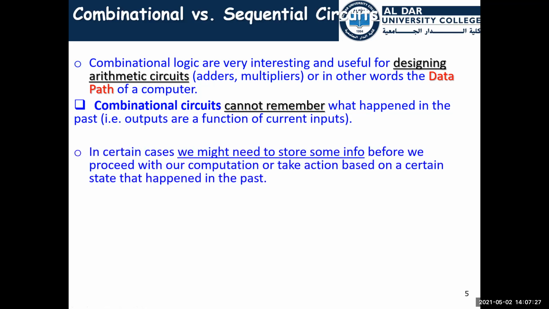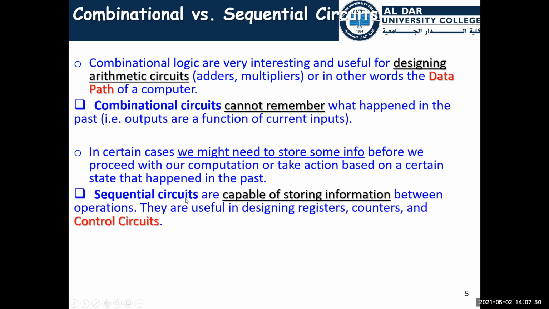So as I told you, we have combinational circuits, we have sequential circuits. We use the combinational circuits in their correct place, and we use sequential circuits in their correct place. In certain cases, we might need to store some information before we proceed with our computation or take action based on a certain state that happened in the past. For example, the counter. I want to count from 1 to 10.